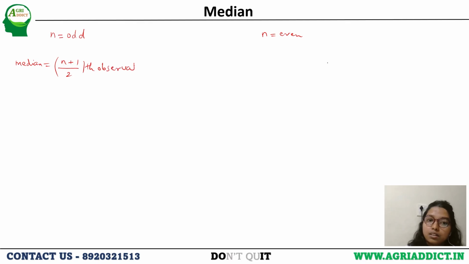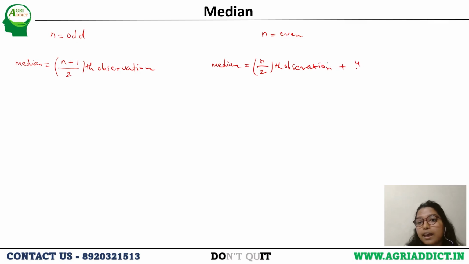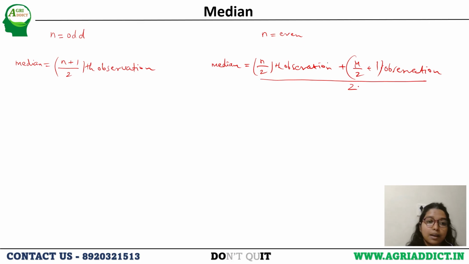It's very easy to calculate. When n is even, the median will be the n by 2 observation plus the n by 2 plus 1th observation, divided by 2.